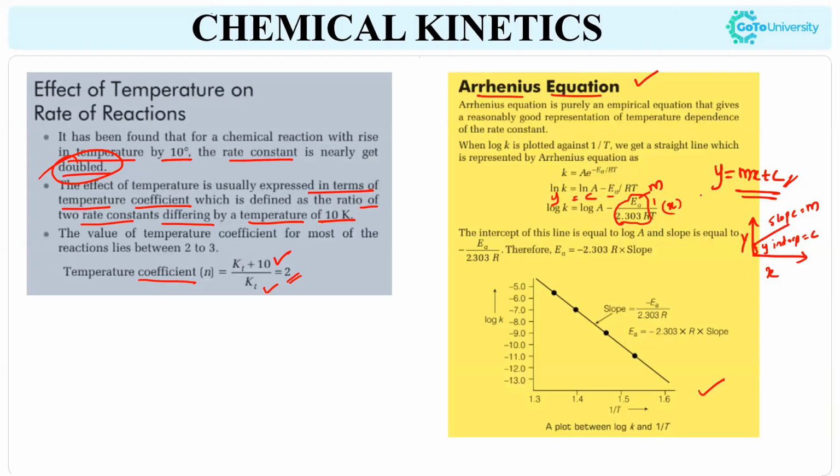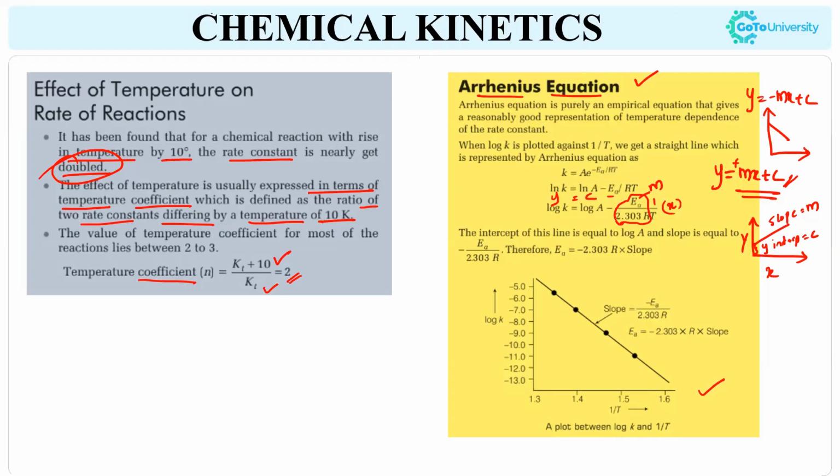What is the difference between these two? Here m is having a positive sign, here m is negative. So if m is positive, this is a straight line with a positive slope. If you are drawing for y is equal to minus mx plus c, the graph will be like this. The straight line will be there, but it will have a negative slope.